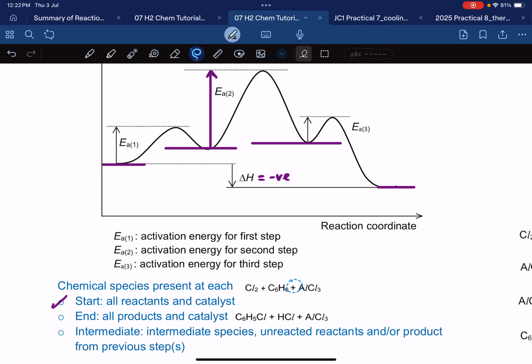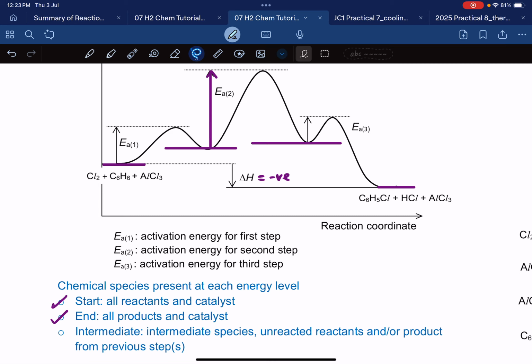So the reactants will be the chlorine, benzene ring C6H6, and the catalyst AlCl3. The last stage will be the stage with all the products and the regenerated catalyst. So our products for the reaction are C6H5Cl, HCl, and the regenerated catalyst AlCl3.